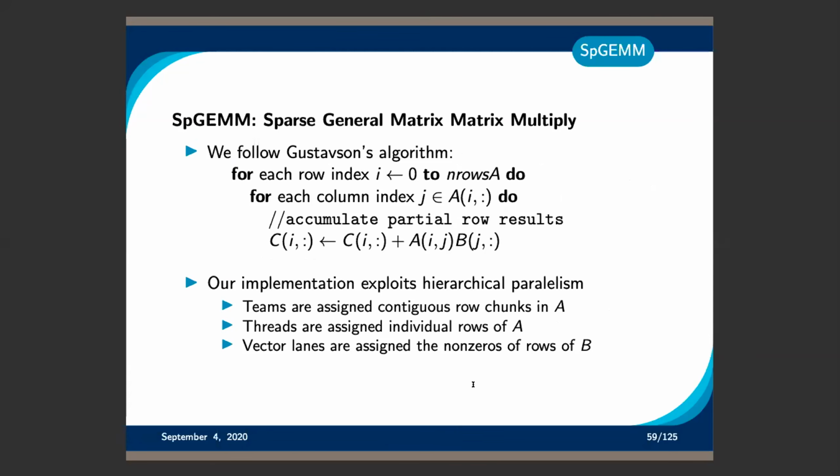At the highest level, we have teams that are assigned contiguous chunks of rows in A. So you can think of the A matrix and you just chop it into large chunks. Now for each chunk of rows, you use threads assigned to individual rows of A, and eventually vector lanes are assigned to the non-zeros of rows of B. And that's how we split the problem hierarchically.